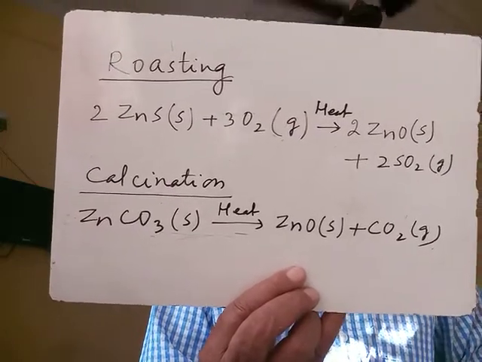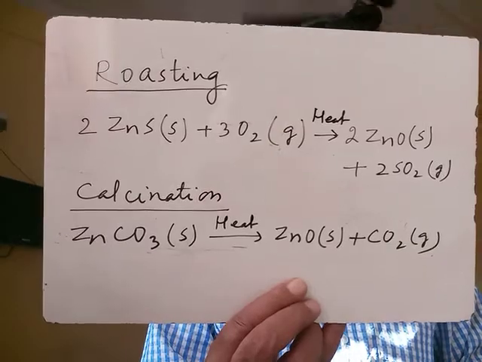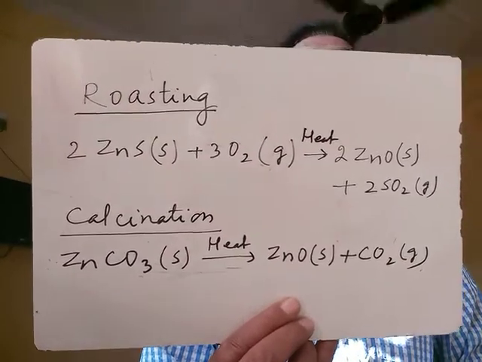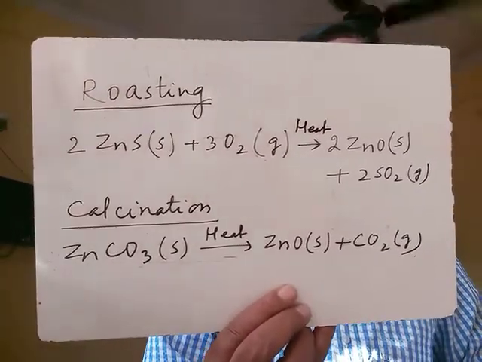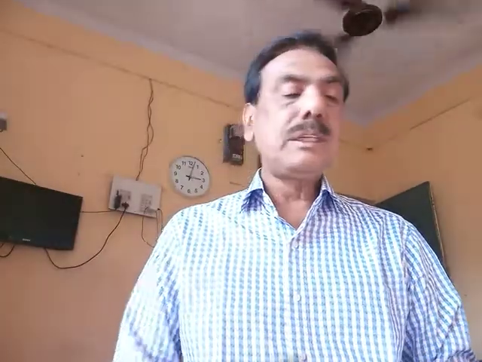So both sulfide ores and carbonate ores are first converted into oxide ores. Do you know why? Because it is easy to reduce metal oxide into metal by using coke.